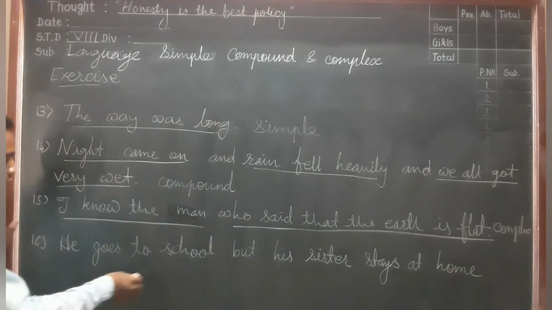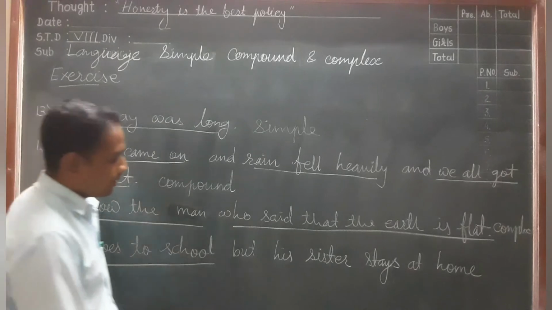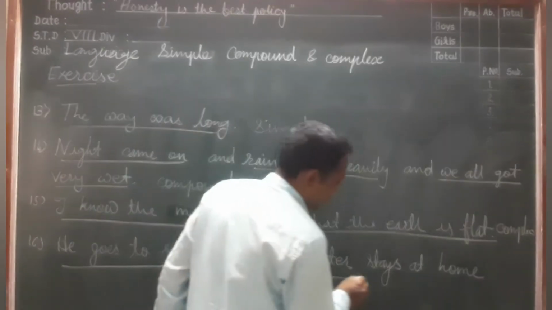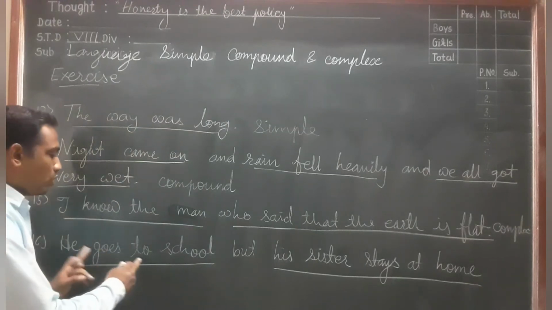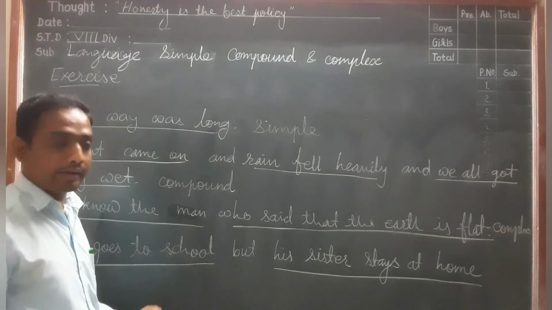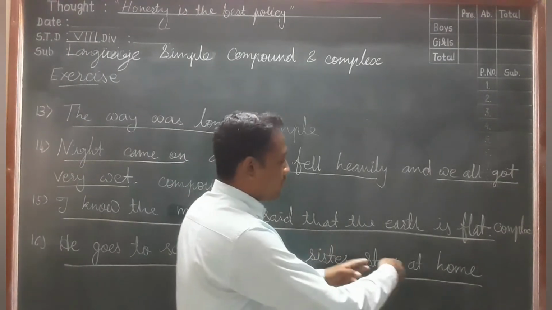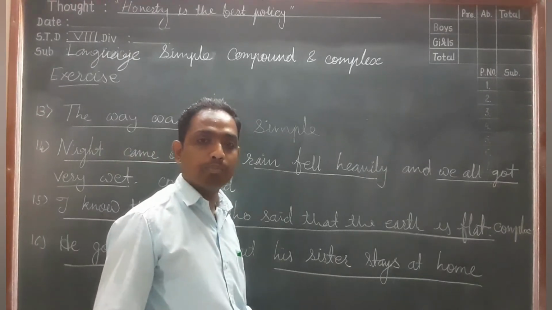Next, he goes to school, but his sister stays at home. First clause, he goes to school. It has subject, predicate. His sister stays at home. It has also its own subject and predicate.